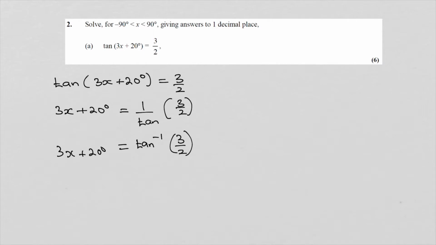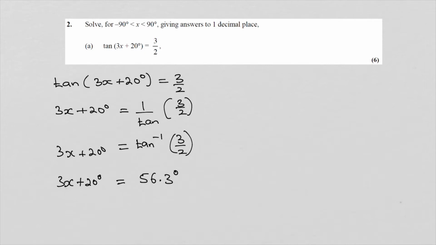So to do the tan, you go to shift tan, that'll give you inverse tan. Do the fraction key, which is below the option key, and then 3, arrow down key, 2, arrow to the right, close bracket, and 3x plus 20 degrees equals 56.3 degrees.